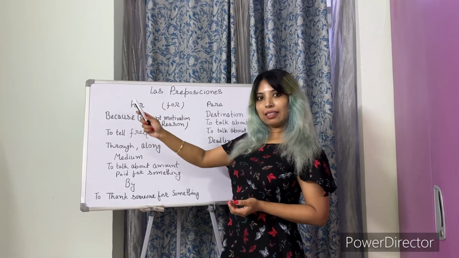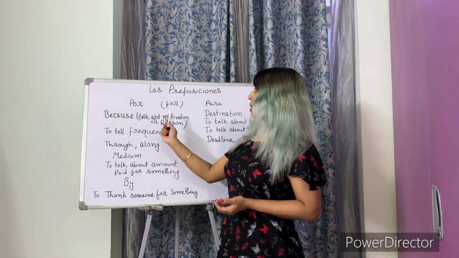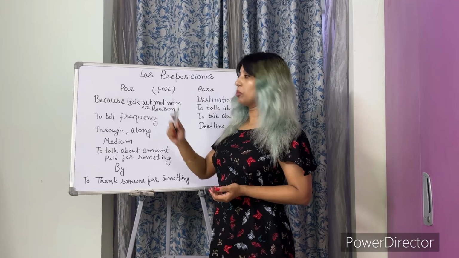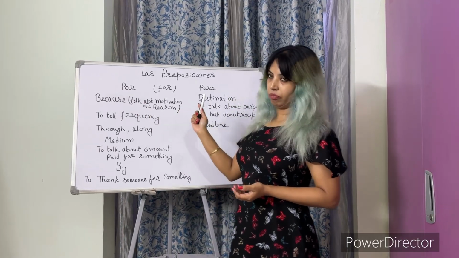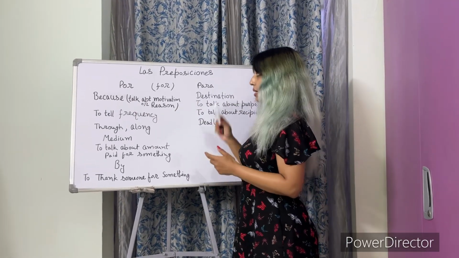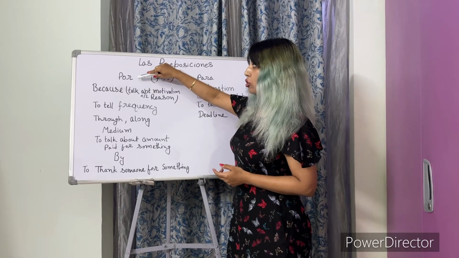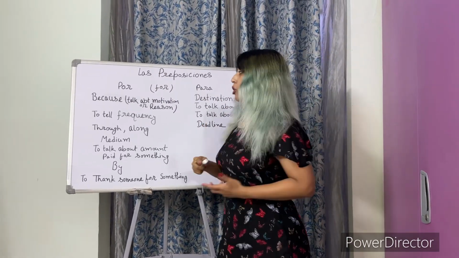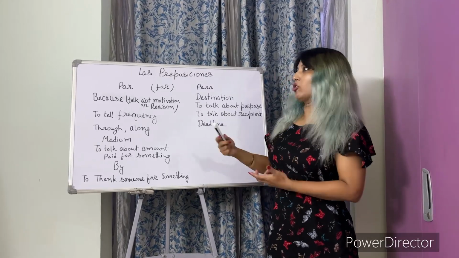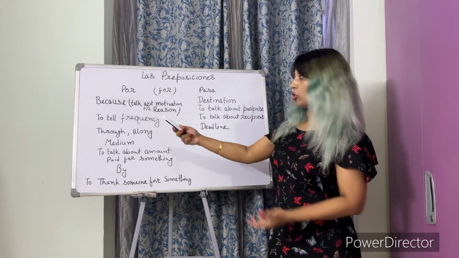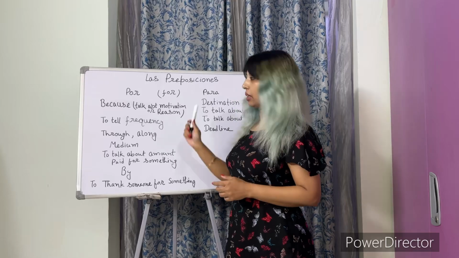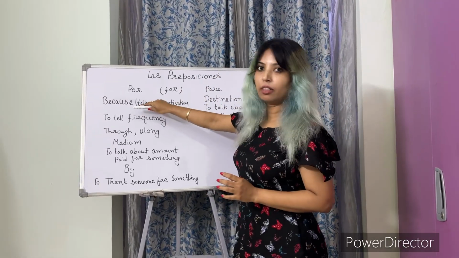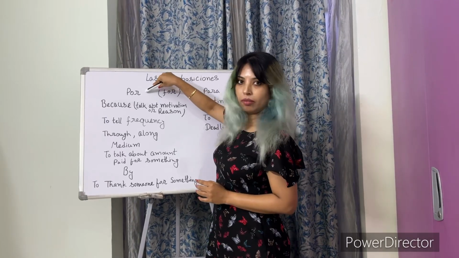Casarse is reflexive, to get married to someone, and we all know reflexive verbs now. Yo me casé con él por su intelecto, por su intelecto. So here we have used por. Or you can say I married him because of his intellect. So you can reframe that sentence using "because of", then you are supposed to use por.